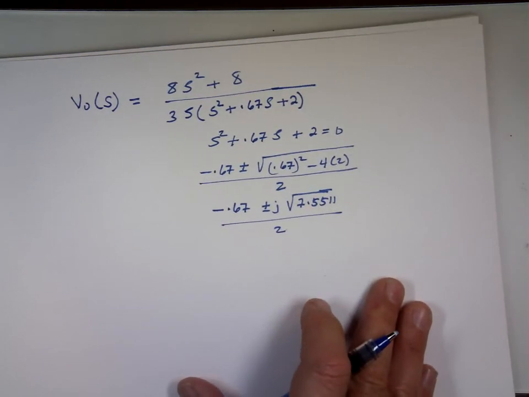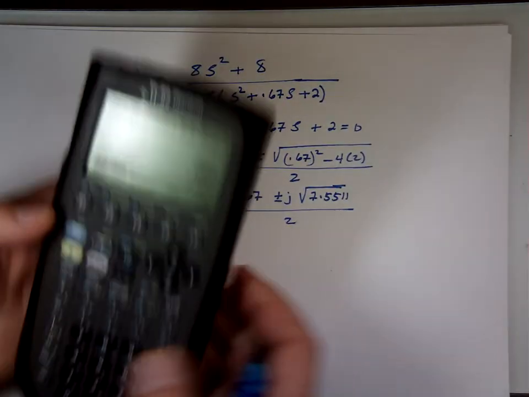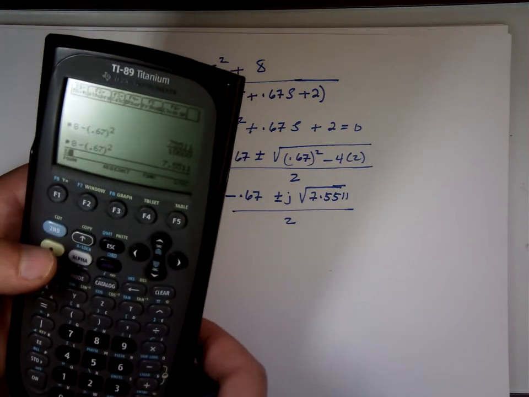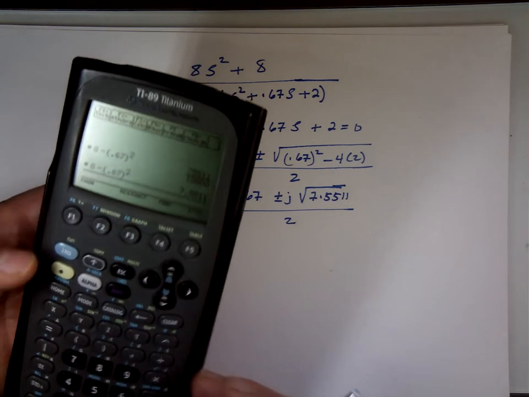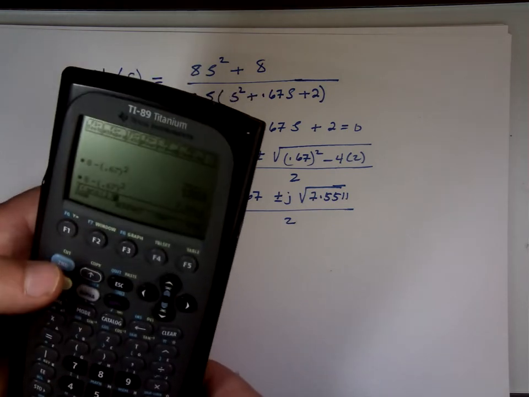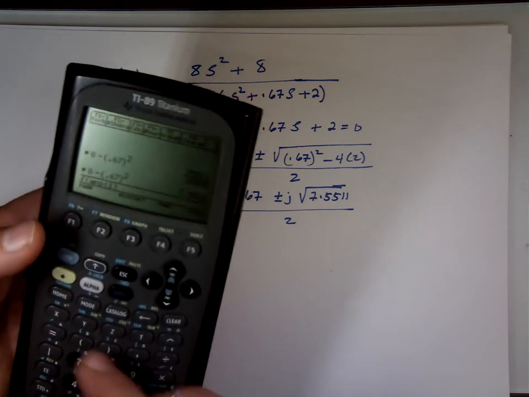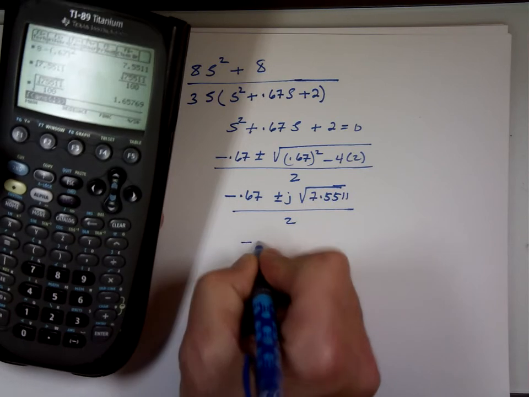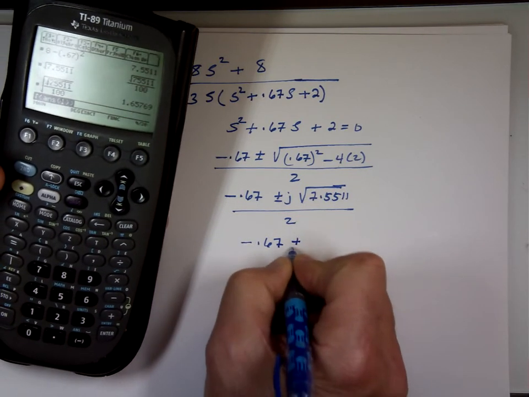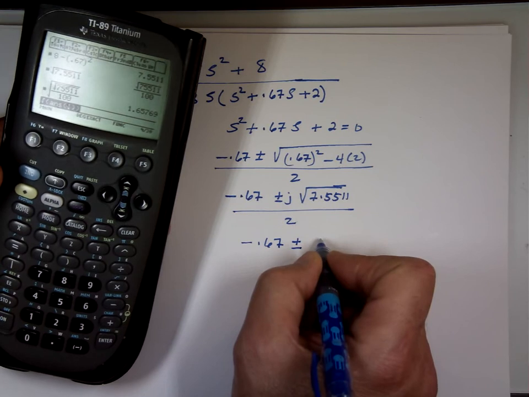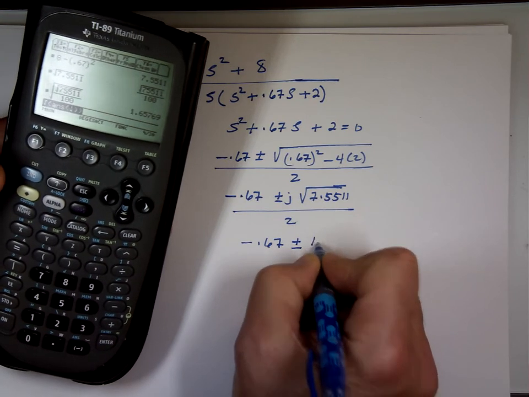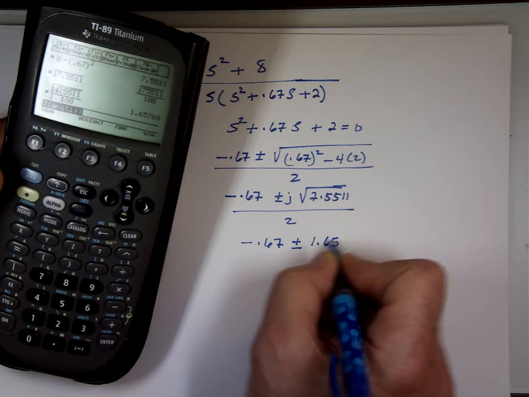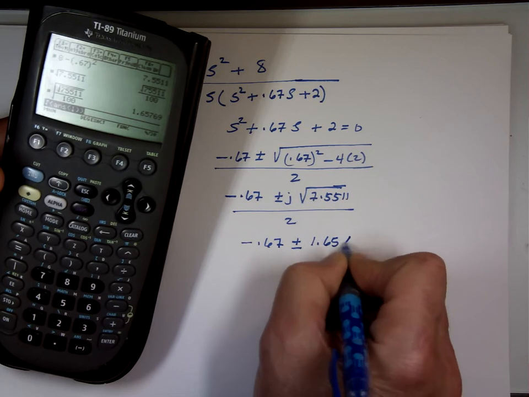What's the square root of that? Oh, and I got negative 0.67 plus or minus 1.65, I don't know, 78. How about 658? I'm not going to carry all these. J divided by 2. So we have two solutions.